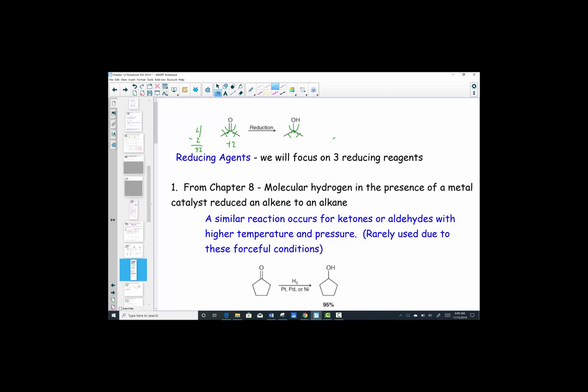So to make this more clear, let's just redraw this. Carbon now went from an sp2 carbon to an sp3 carbon. Don't forget that there is a 4th bond, and that bond is now going to hydrogen.